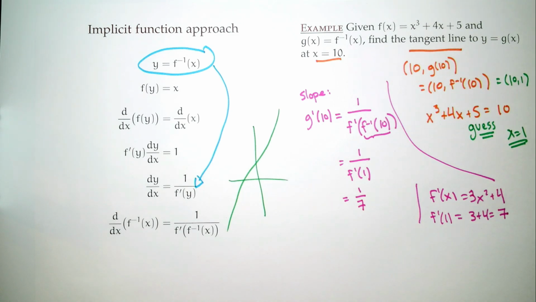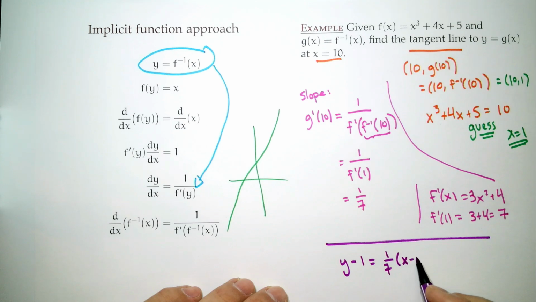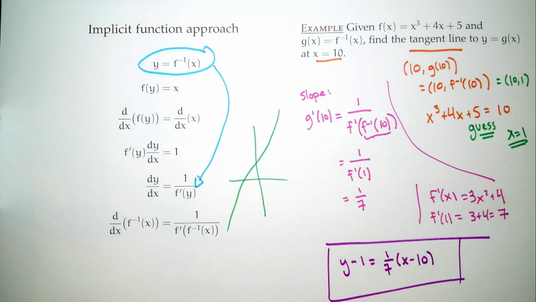Now we're almost there. So we have our point, 10 comma 1. We have our slope, 1 over 7. So our final answer is that y minus 1, our y value, is equal to our slope, 1 over 7, times x minus our x value, 10. And that's it. Good. Okay, that's not so bad.